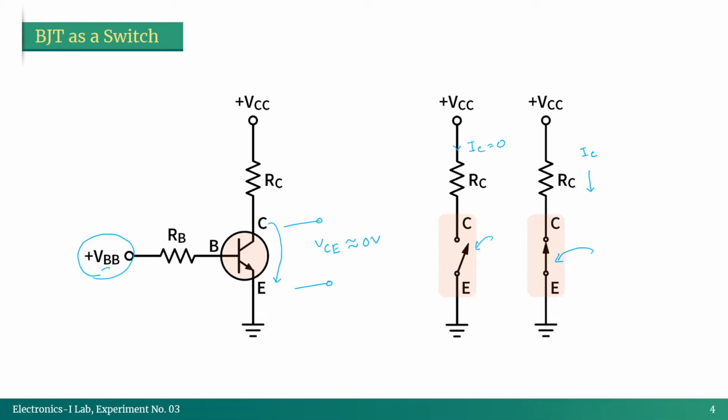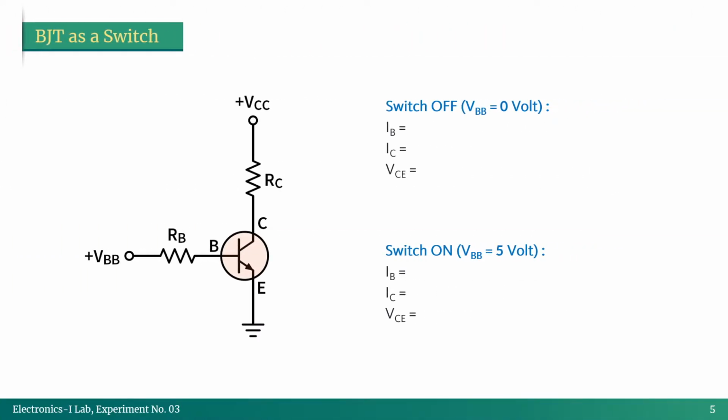So let's now go into a little bit more detail on how that actually works. In this circuit, if we look at the lab sheet, we will see that VCC is given as plus 12 volt. Then VBB can be two different values, either 0 volt or 5 volt, right?